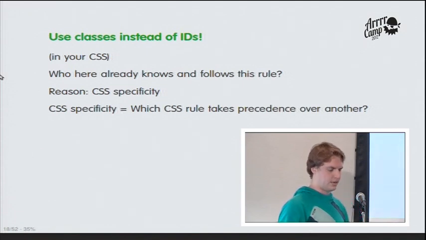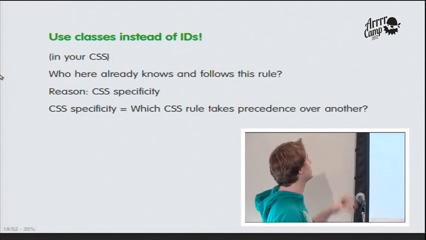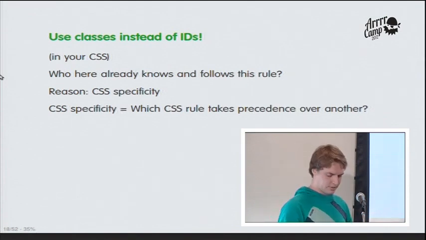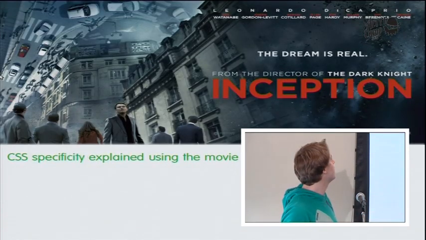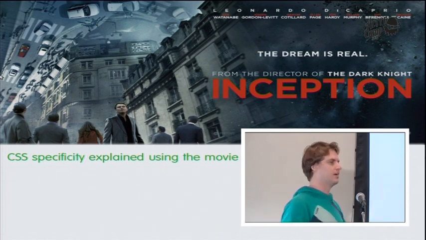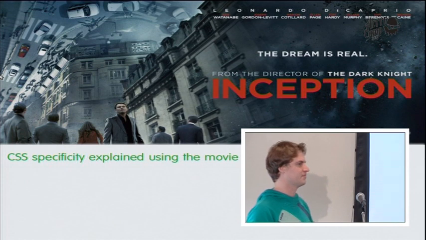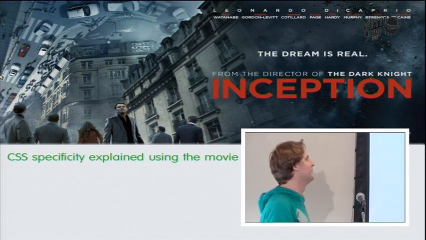In order to explain why you should not use any IDs but use classes, I'm going to use an example, the movie Inception. This is all going to make sense.